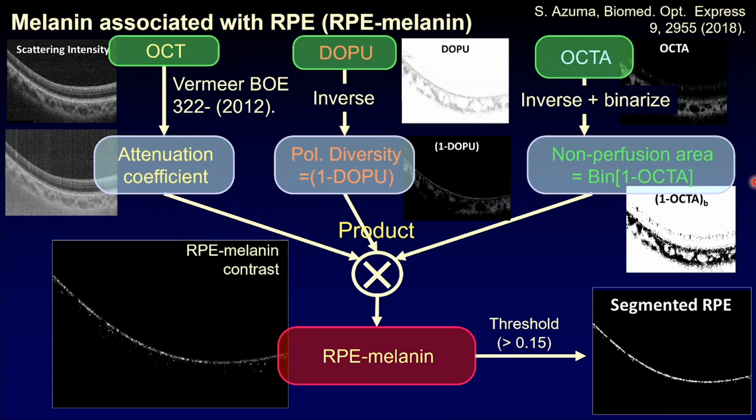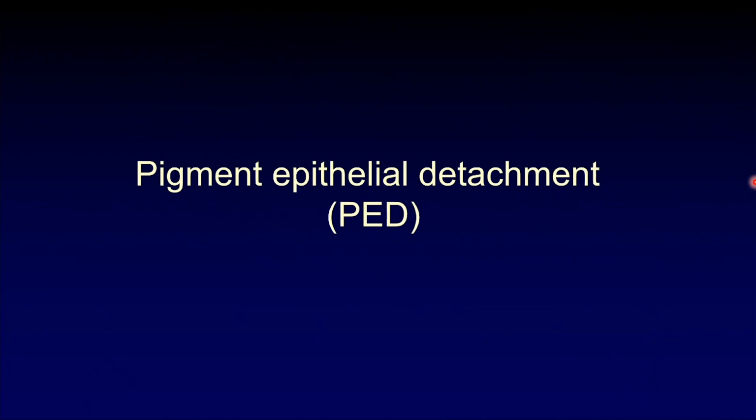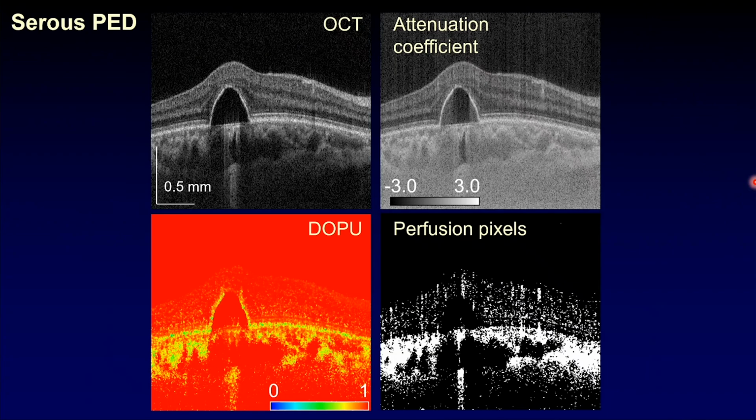Okay, so then by using it, we can, for example, visualize the detachment of pigment epithelium, PED, pigment epithelial detachment. Here is the case in OCT. There is a very severe detachment of the retinal pigment epithelium, and I computed the attenuation coefficient, DOPU, and perfusion pixels.